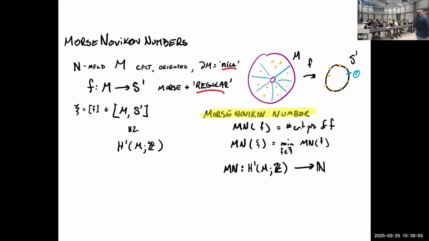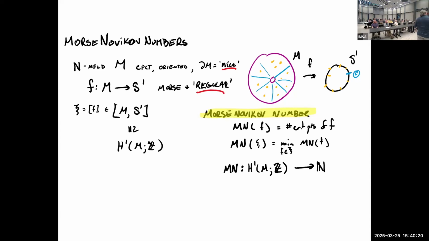So what we can do is define the Morse-Novikov number of a given Morse representative of these homotopy classes. The Morse-Novikov number of that map is going to be the number of critical points. And then for its homotopy class, we minimize over all of these circle valued Morse functions.